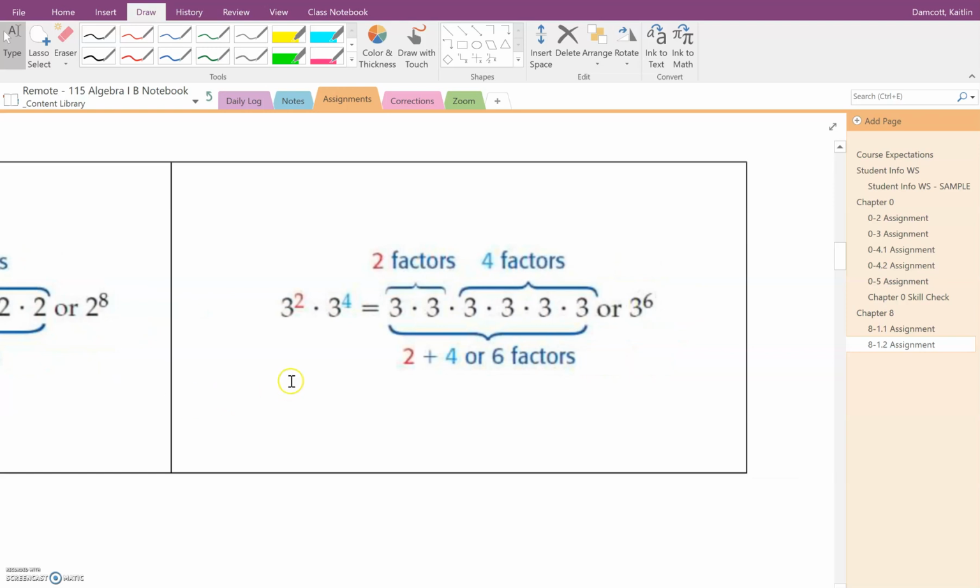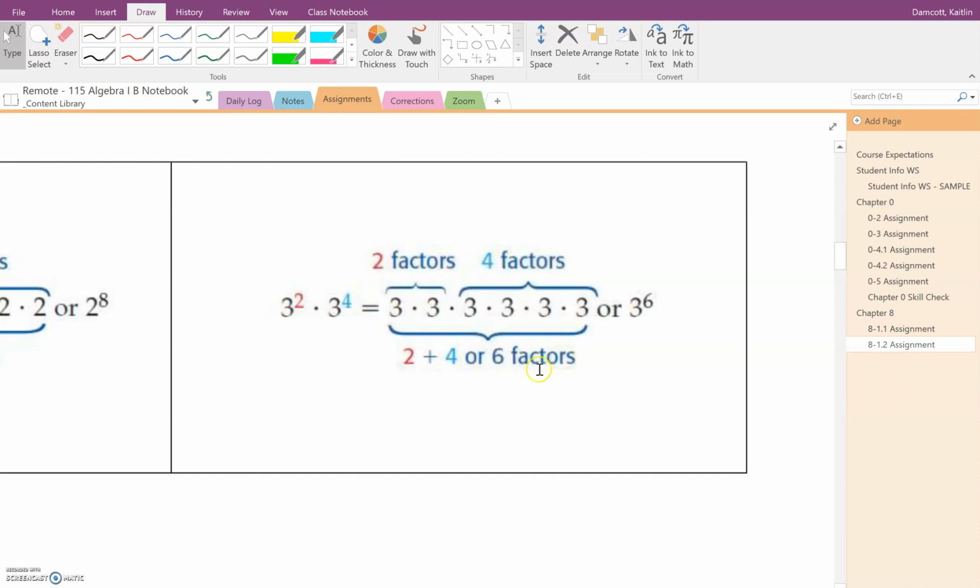Taking a look at the next example, we have 3 squared, or 3 to the 2nd power, times 3 to the 4th power. So 2 factors in the first group, and then 4 factors in the second monomial, for a total of 6 factors.